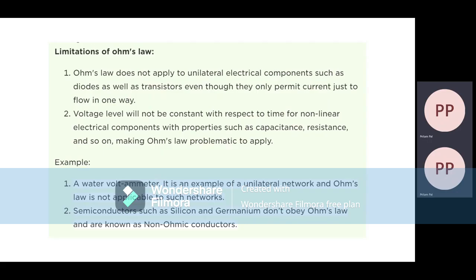We'll deal with some examples like a water voltmeter. It is an example of a unilateral network, and Ohm's law is not applicable for such networks, right? Also, semiconductors such as silicon and germanium do not obey Ohm's law. That's why they are known as non-ohmic conductors, right?